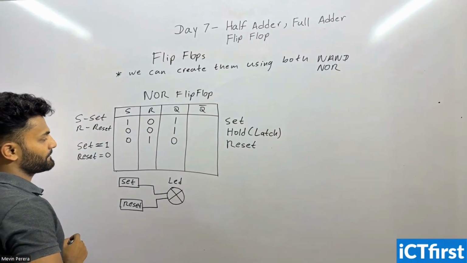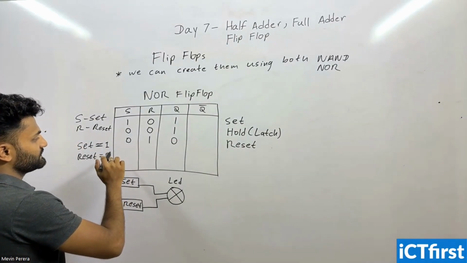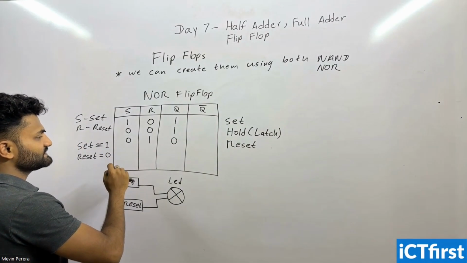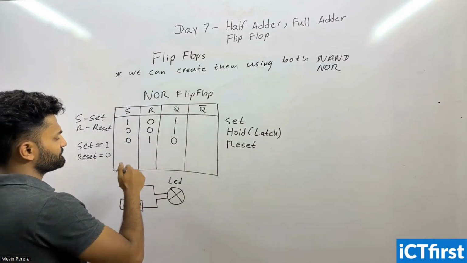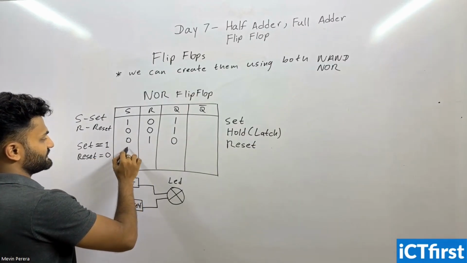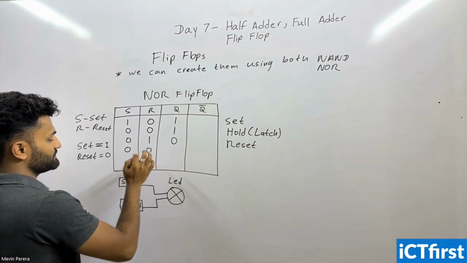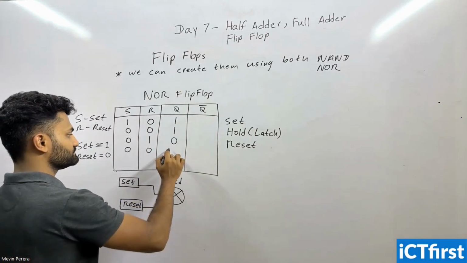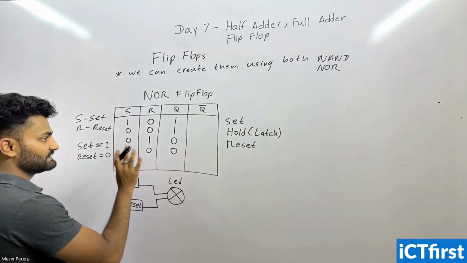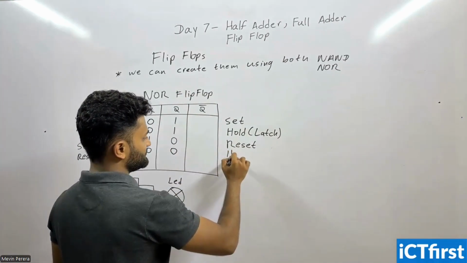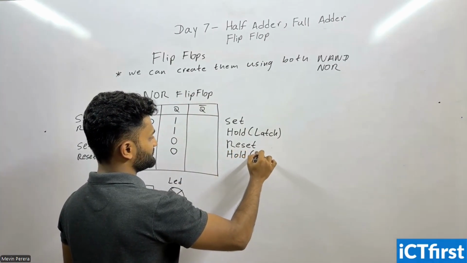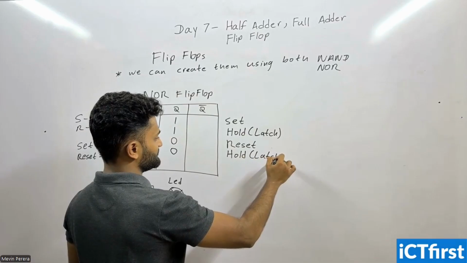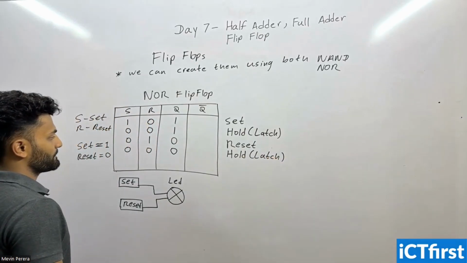Then I keep it reset. So 0, 0, I take off my hand. But still, the light is off because it is still looking at the memory. Still it is a latch instance.